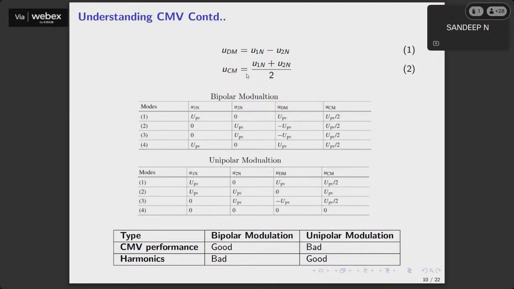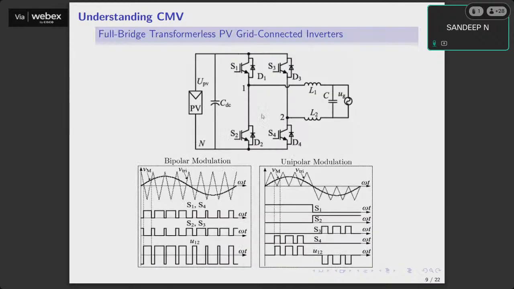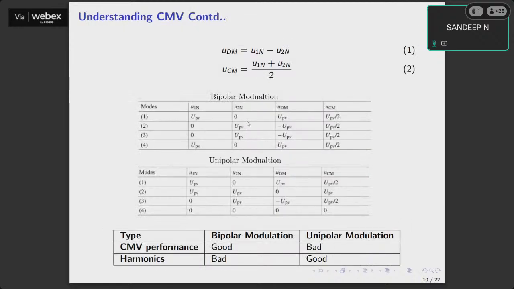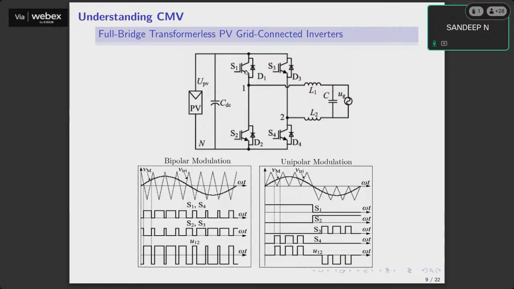Now, let us calculate UDM and UCM for various switchings. For example, in bipolar modulation, one of the operating modes is when U1n is UPV and U2n is 0. When does that happen? When switch S1 is on and switch S4 is on. These two are on, and the other two are off, because they are complements.